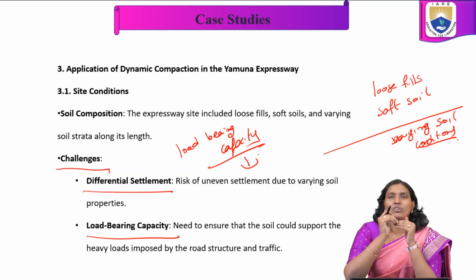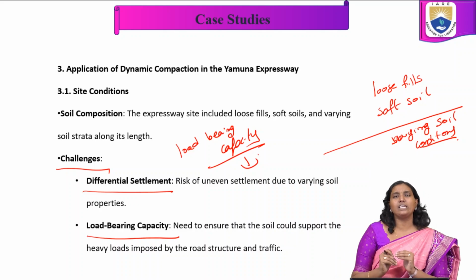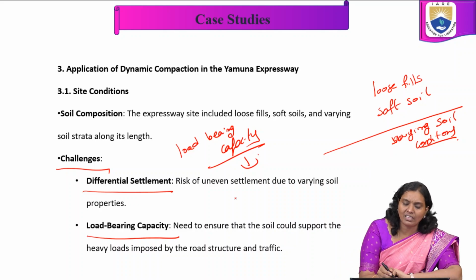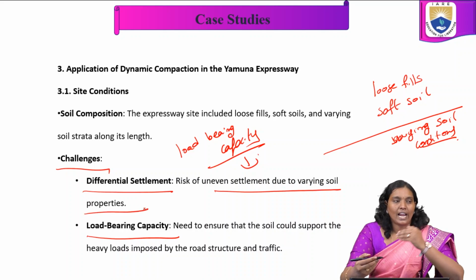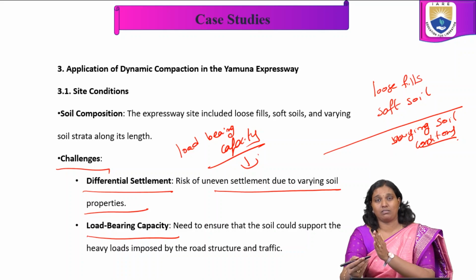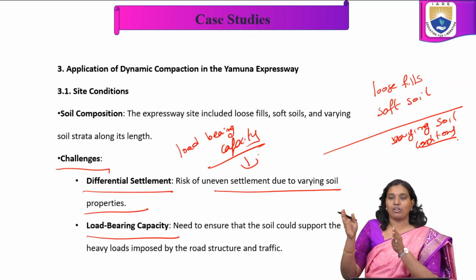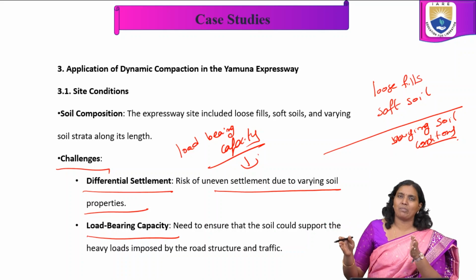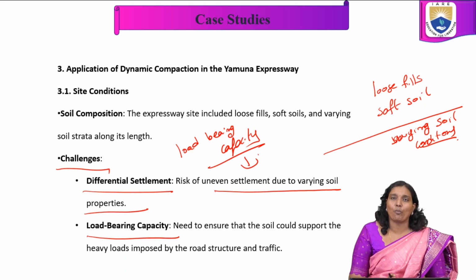We consider this a challenge because differential settlement leads to the risk of uneven settlement due to varying soil properties. Because from 0 kilometer to 1 kilometer, 1 to 2, and so on till x kilometers, and after that from x to 165, in between we may add so many x1, x2, x3, they have different soil properties.